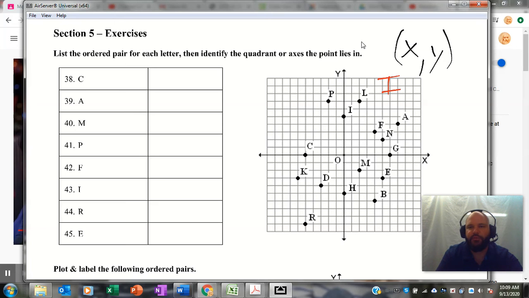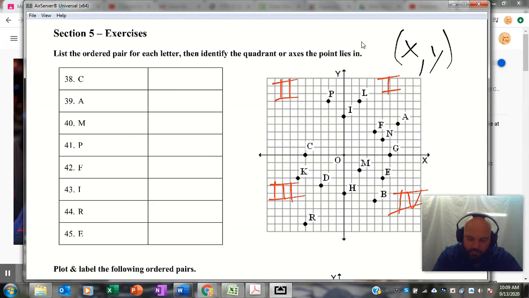This is considered the first quadrant. Once you can identify where the first quadrant is, if you can remember the capital letter C, this will tell you the order that they go in. So that's the first quadrant. This is the second quadrant. This is the third quadrant, and then this would be considered the fourth quadrant. So 1, 2, 3, 4, like that.